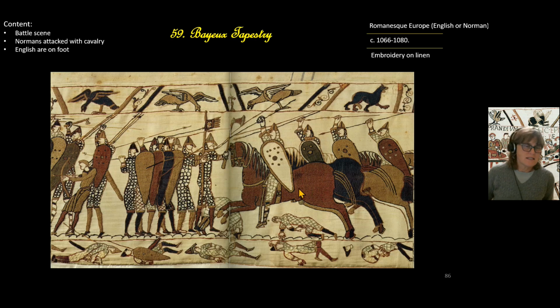In this second scene, it's the battle scene. We see the Normans, led by William the Conqueror, attacking the English who are on foot. And you can see in the bottom border that it's probably the English who are being killed, decapitated, falling down.